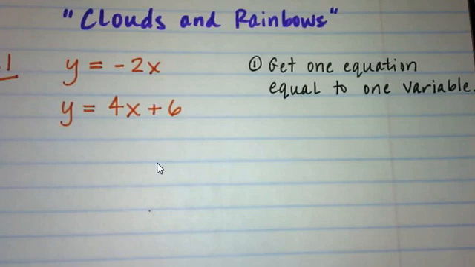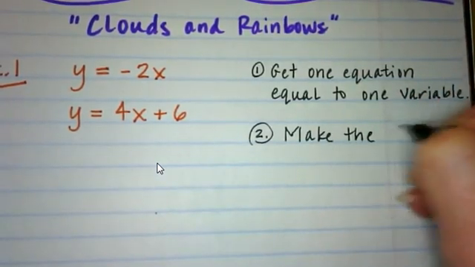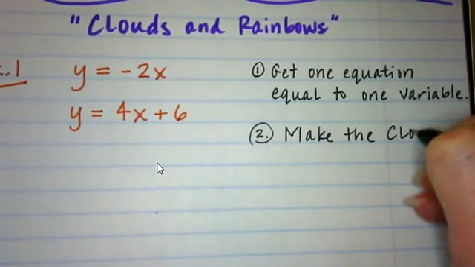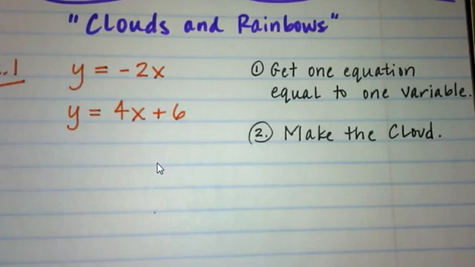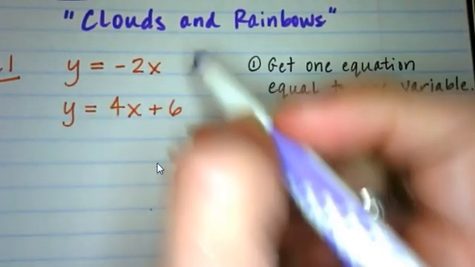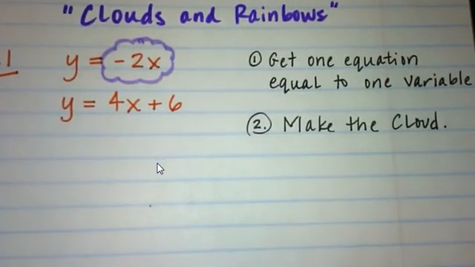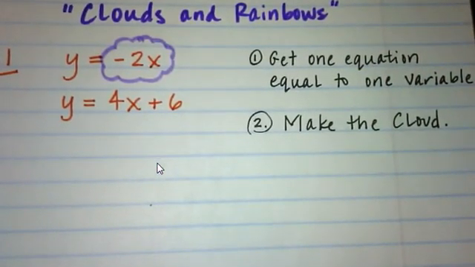All right, step number 2. This is where we are going to make the cloud. I am going to use this one. It doesn't really matter, but I'm just going to pick this one right here. And I'm going to make this cloud around what y is equal to.